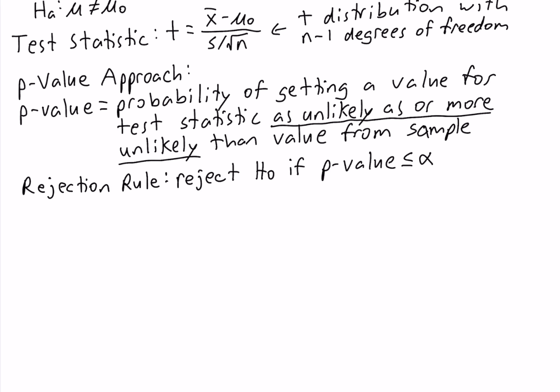Now, this is the rejection rule of the p-value approach for any hypothesis test, meaning that whether it's lower tail, upper tail, two-tail, if sigma is known, if sigma is unknown. So there's a total of 6 different combinations for hypothesis testing, and all 6 versions have the same exact rejection rule for the p-value approach. Reject the null if the p-value is less than or equal to alpha.